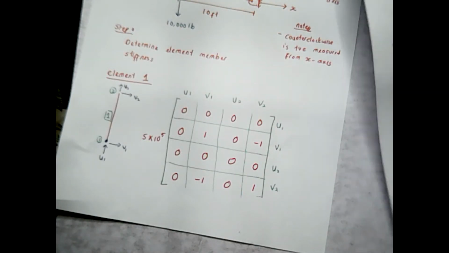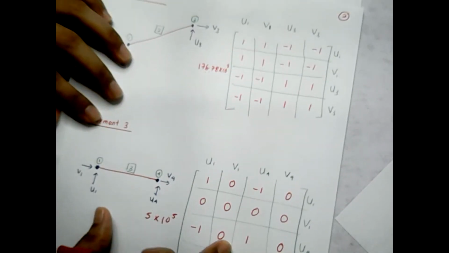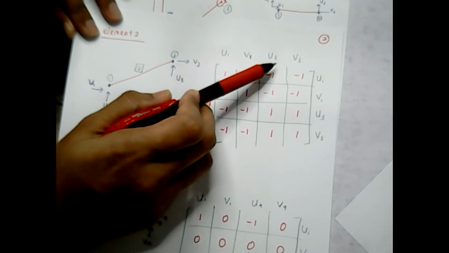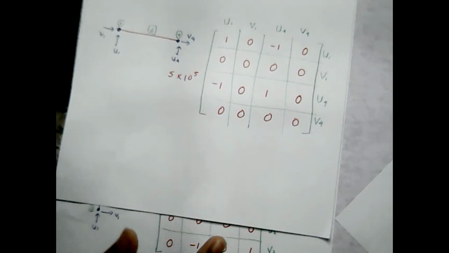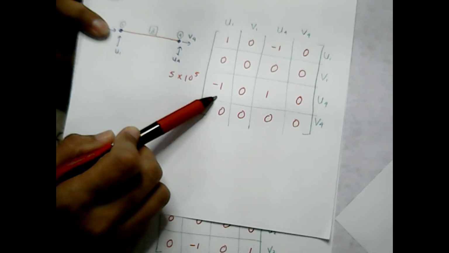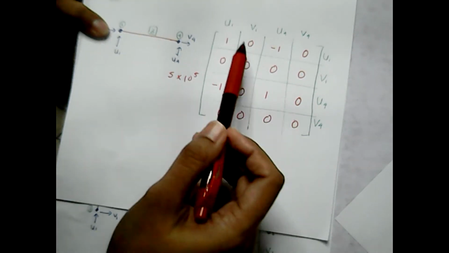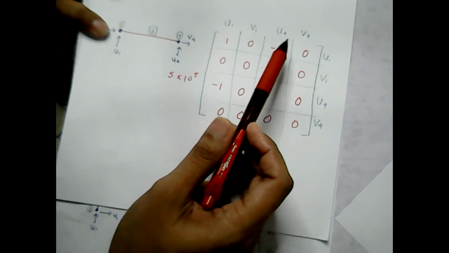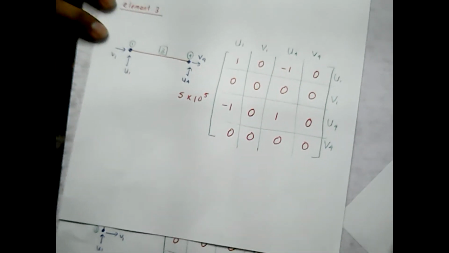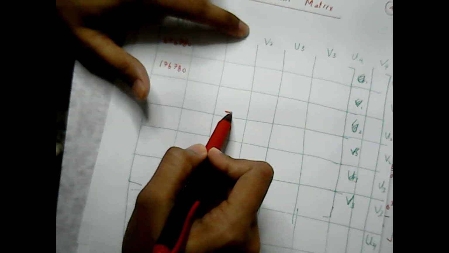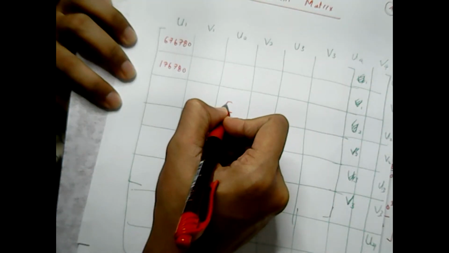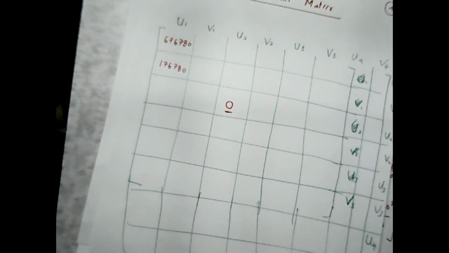Let's look at element number 2. Do you have u2 in element number 2? You don't have, because you only have u1, v1 and u3 and v3. Now let's look at here. Do you have u2? You don't have u2 as well, because you only have u1, v1, u4 and v4. So meaning that for the conditions here, u2 and u2, it is 0.